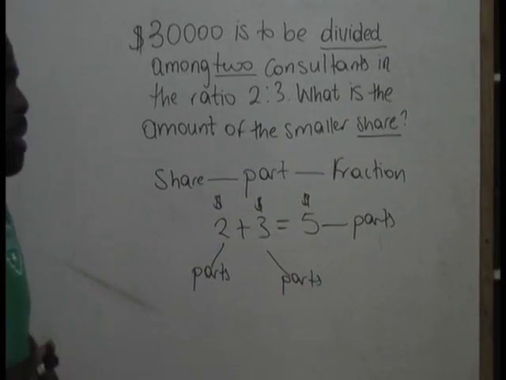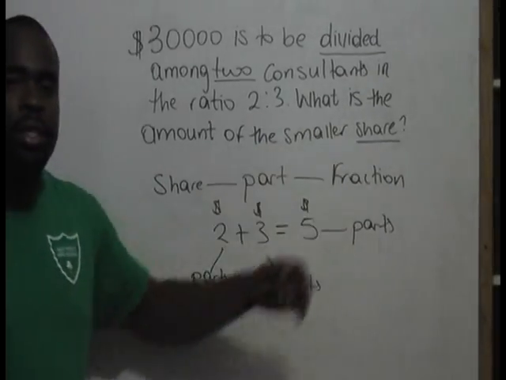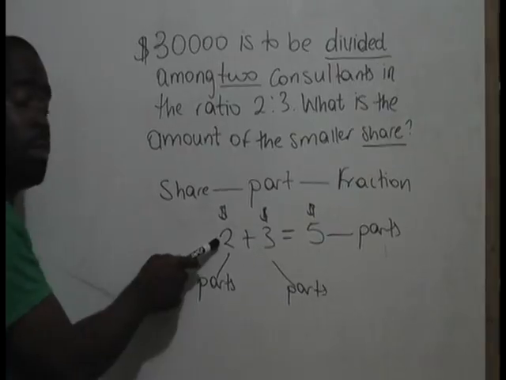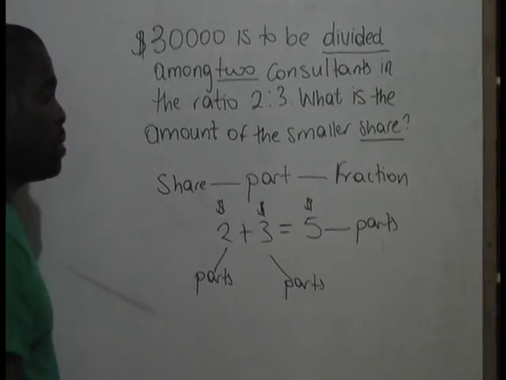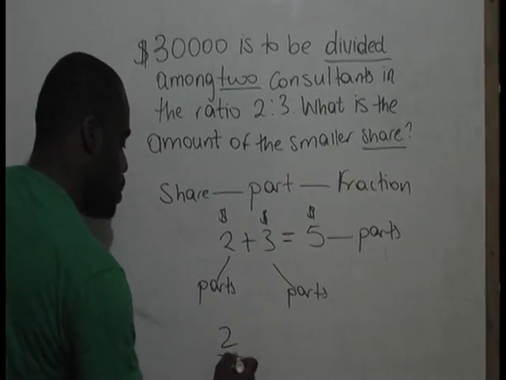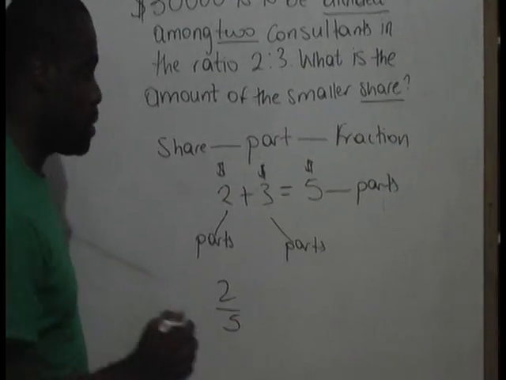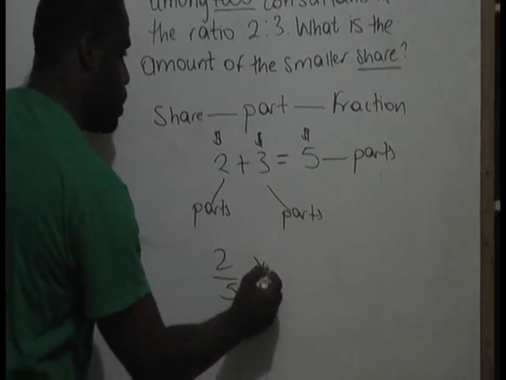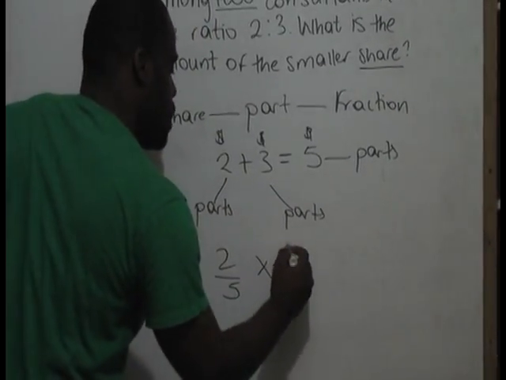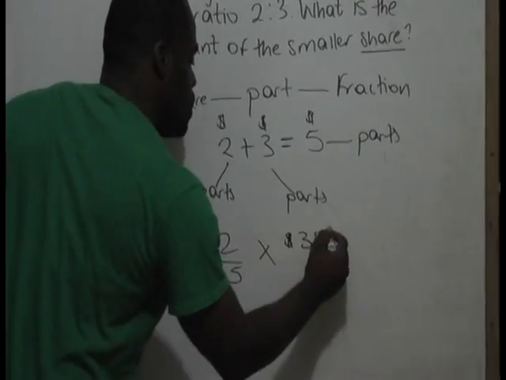So how am I going to know what the smaller share is? Now, if it says smaller share, you use a smaller number. So this is 2 out of 5 parts times the whole, and the whole is $30,000.